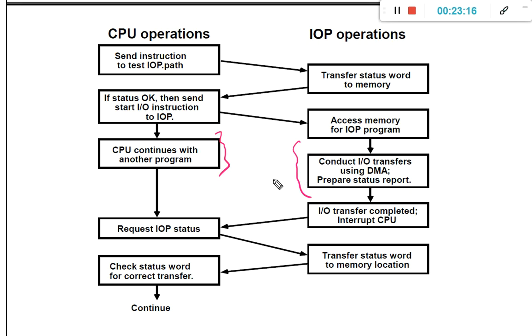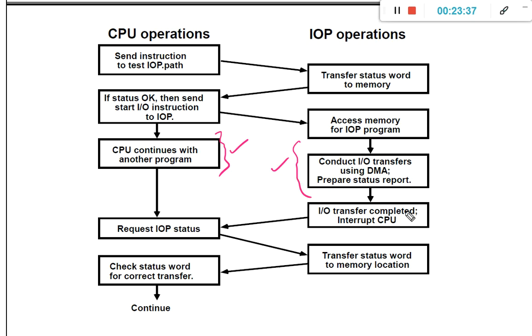So it is going to execute the memory reference instructions as well as the register reference instructions of another program, so that the CPU is executing its own operations, and the IOP, input-output processor, is going to execute its own I/O instructions.